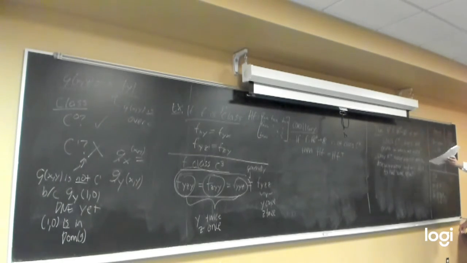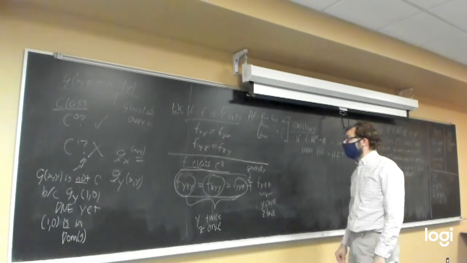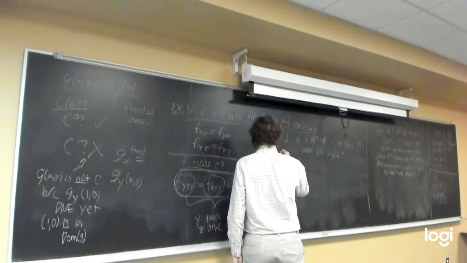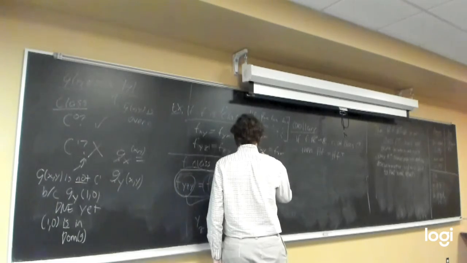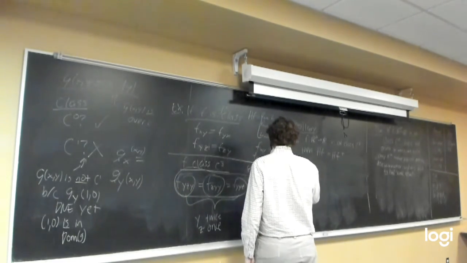But the reason why this result has to be true from this theorem is if we have something that's of class C2, then we know things like fxy and fyx will have to be equal. Or in other words, fx1x2 will have to be equal to fx2x1.